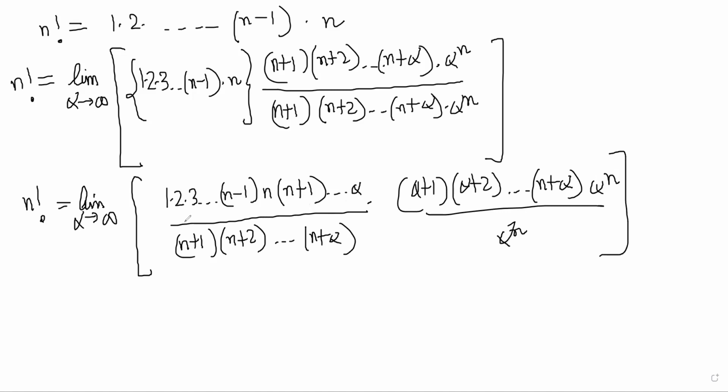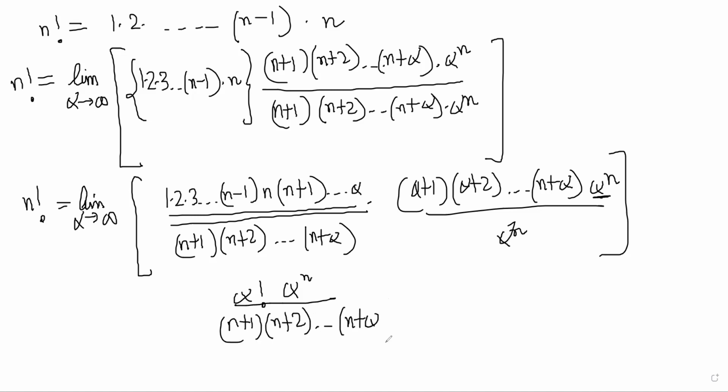It's nothing different. But now what we can do here is we can write this as alpha factorial into alpha power n. Alpha power n was here. And we are dividing it by n plus 1, n plus 2 till n plus alpha.